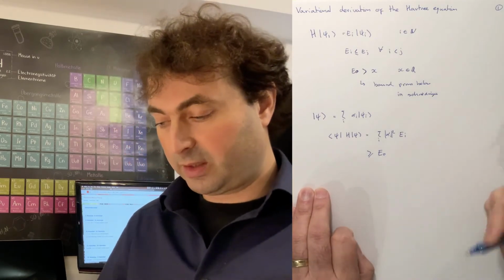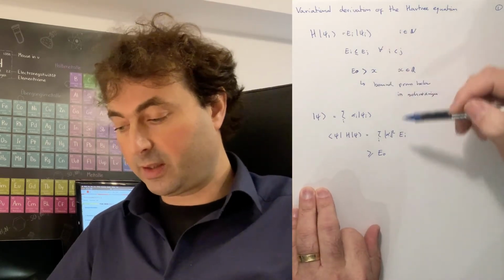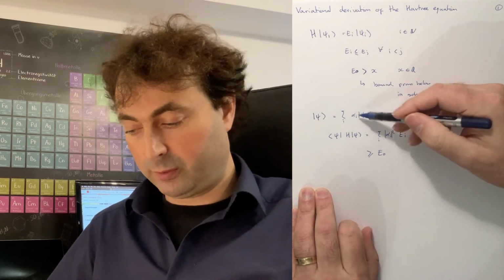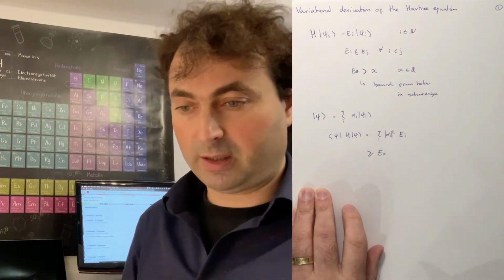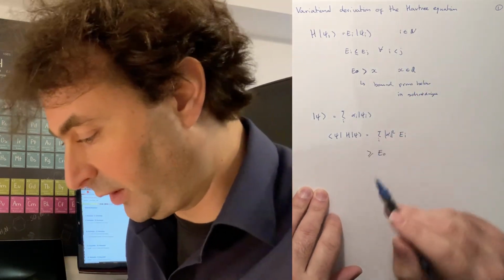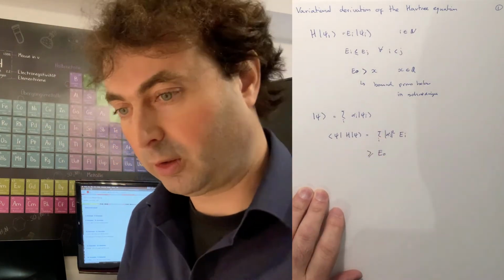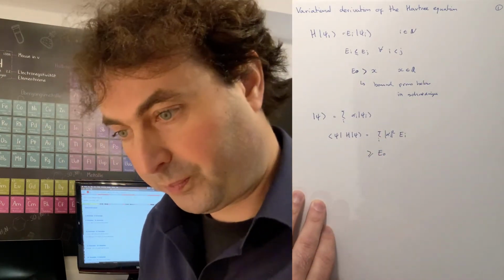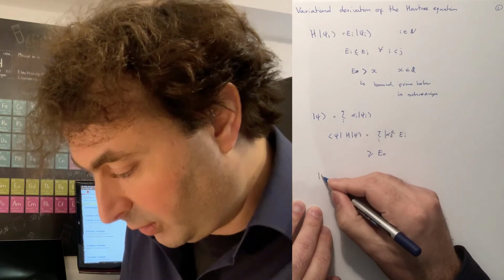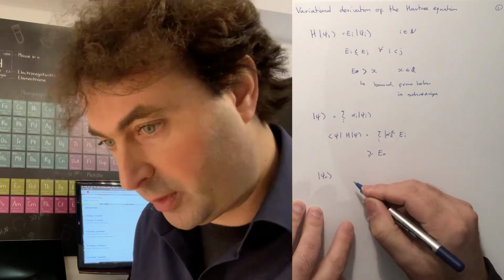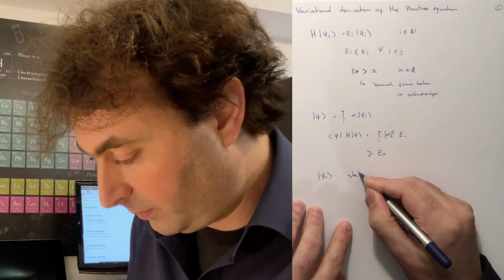Actually, it's only the ground state energy when either states are degenerate or you just sum over those states that have the ground state energy. So alpha i is 1 for i is 0 and 0 for all the others. So we know that our ground state wave function is the state with lowest energy.